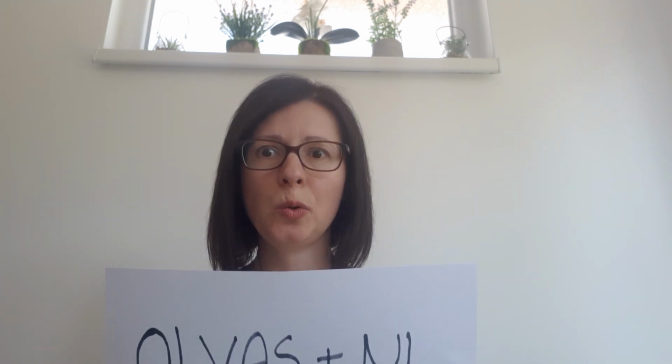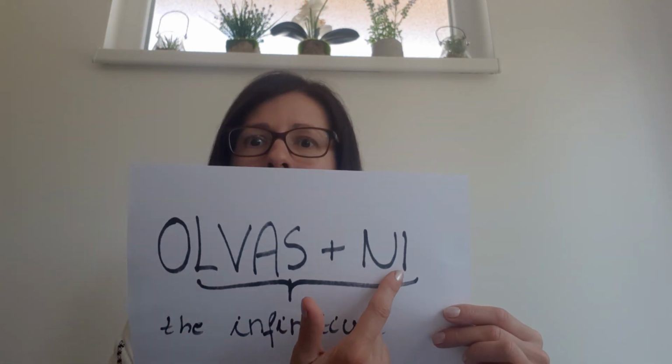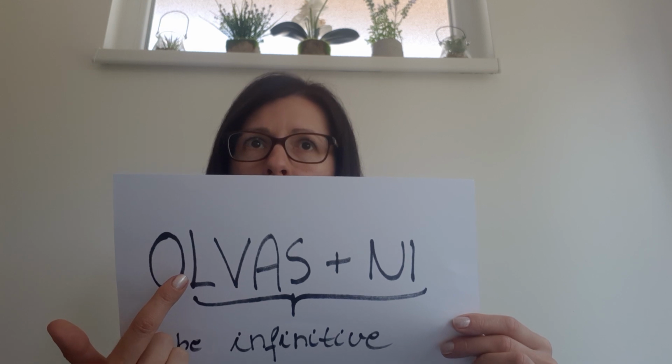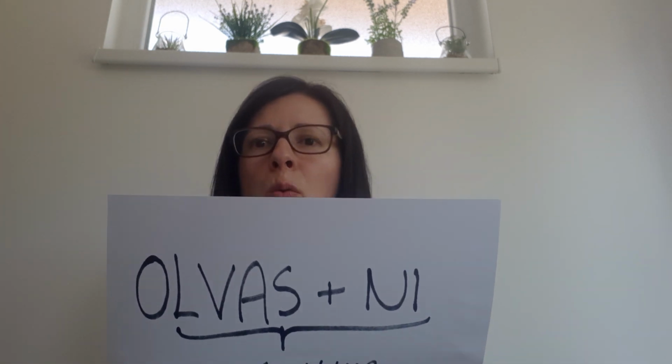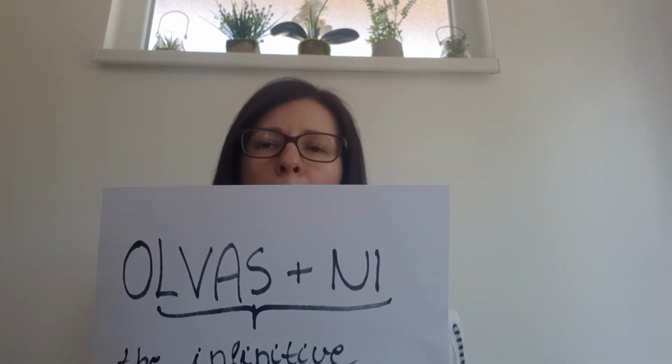All we need to do is to attach ni to olvas to get the infinitive form. These two letters ni are needed to create the infinitive form in Hungarian. The verb stem is usually the third person singular indefinite conjugation. So that being said, we will say szeretek olvasni.